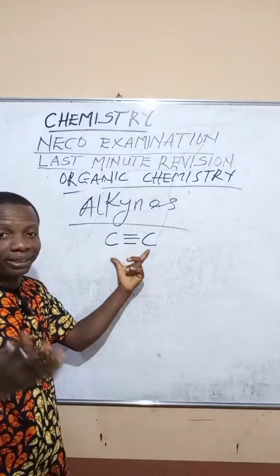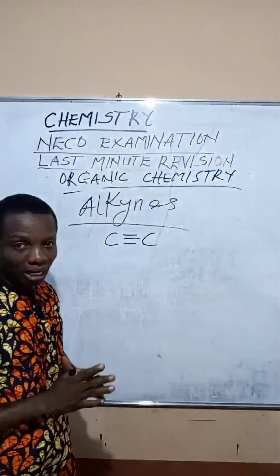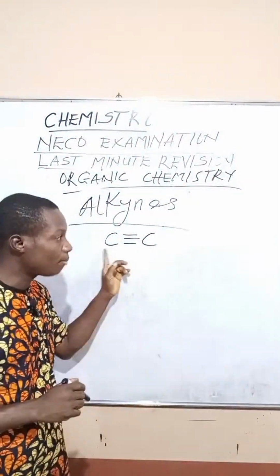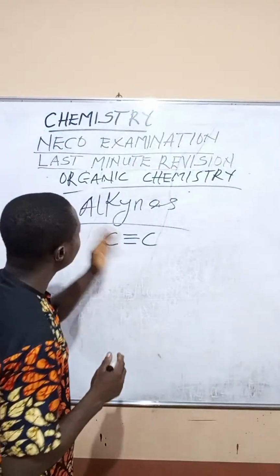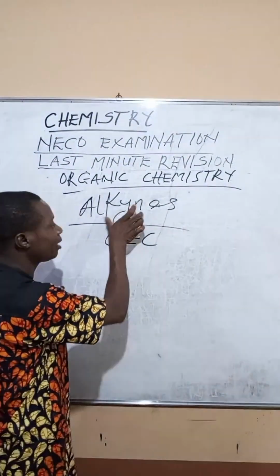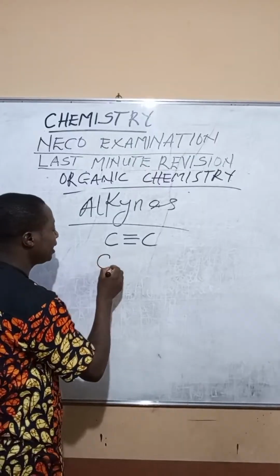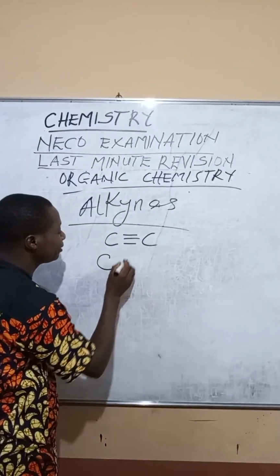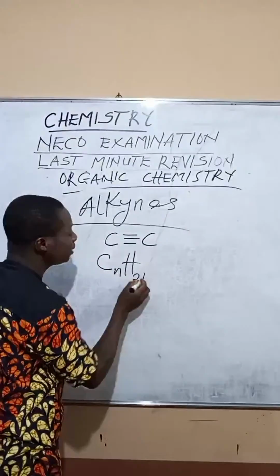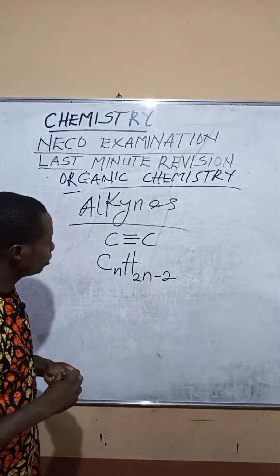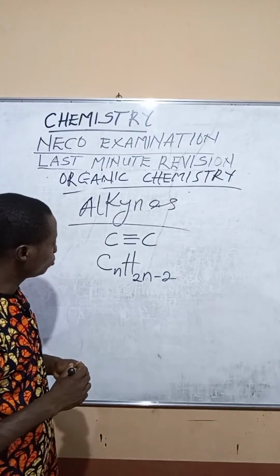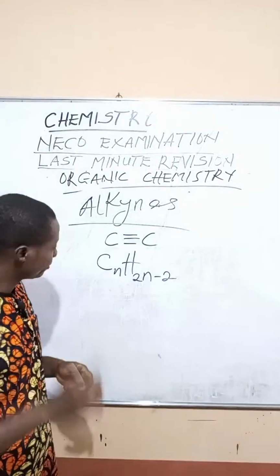They are highly unsaturated hydrocarbons with carbon to carbon triple bonds. Please take note. Now, what is the general formula for alkynes? Alkynes have the general formula CnH2n-2.